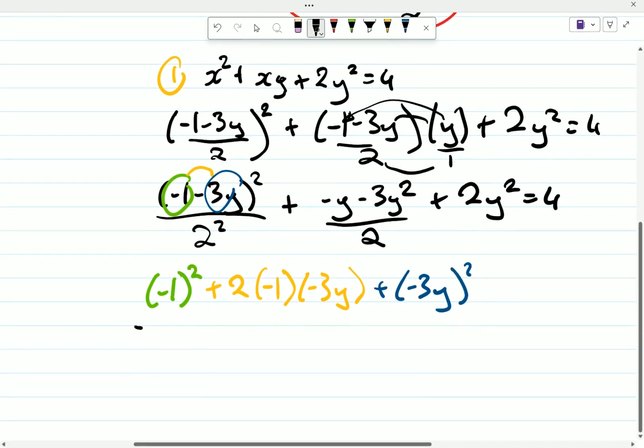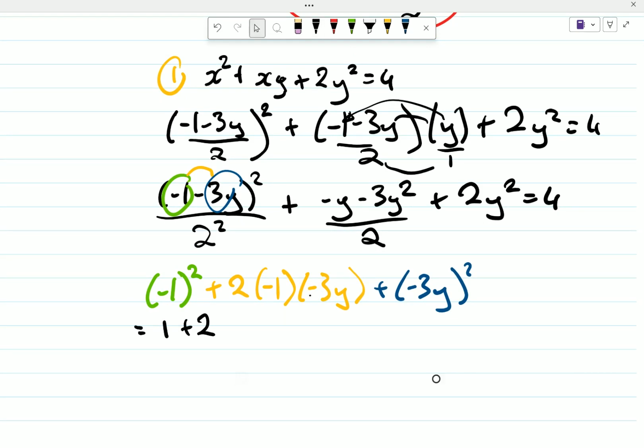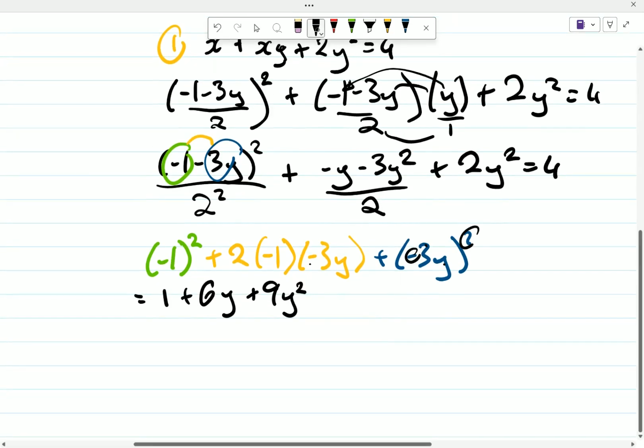So this is equal to 1. And that minus is going to come out, so that's 2. Oh, and that minus is going to cancel that again, so that's 2 times 3y, that's 6y. And because it's squared, this is going to cancel, so it's plus 9y squared.